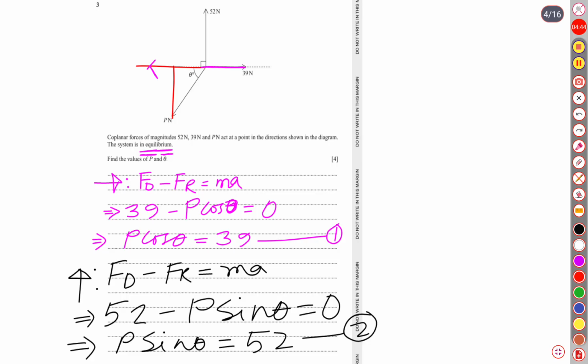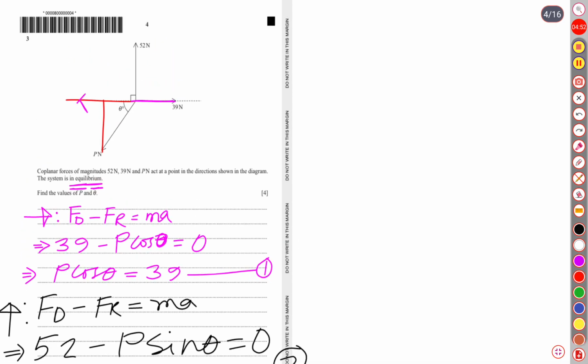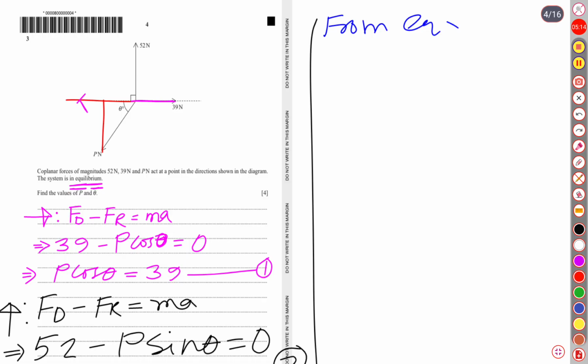Now if we solve the equations simultaneously, let me write just beside this. Equation 2 can be divided by equation 1. If we divide equation 2 over equation 1, what is it going to be?